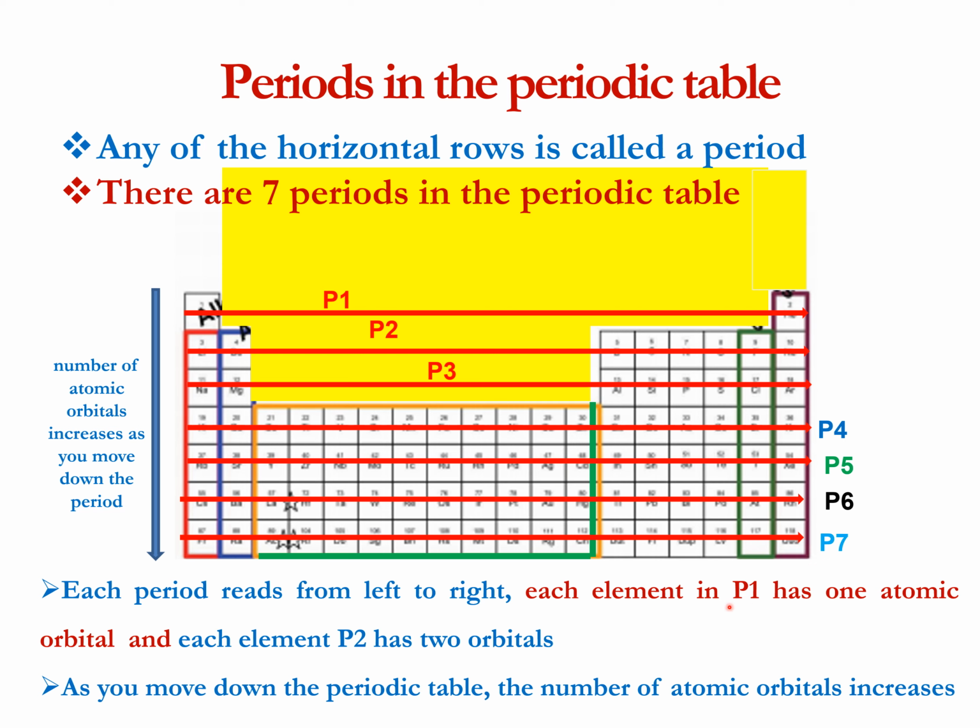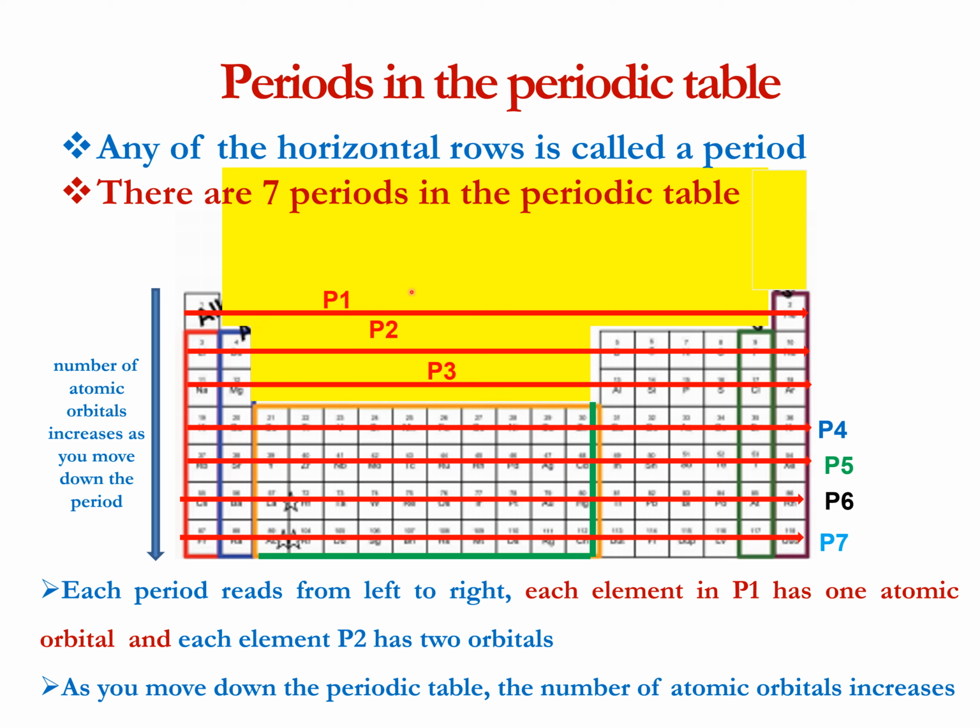And the number of atomic orbitals increases as you move down the period. So what it means is that as you move down the period, the number of atomic orbitals will be increasing. Each period reads from left to right. So despite the fact that some are missing some squares, it still reads from left to right.